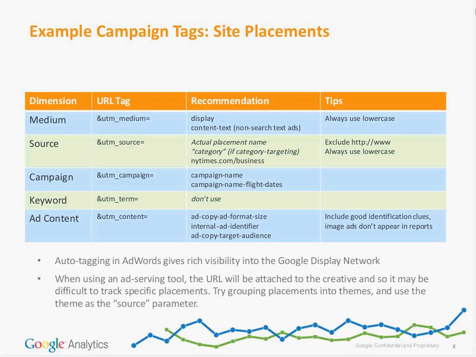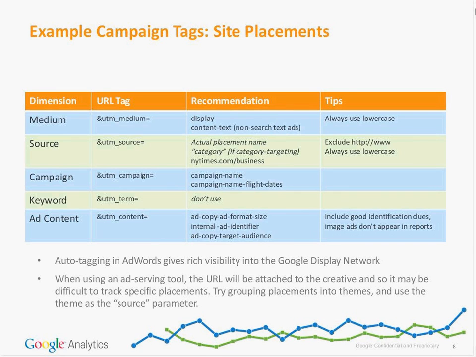As source, you will need to actually put in the source or the placement name or the category name that you're bidding on. Again, if you don't explicitly state the source name, it may override it with something that it assumes the source was, which could be a redirect or could be something else. On top of that, it's important to note that if you use one of these tags, it overwrites all of the rest of the information.